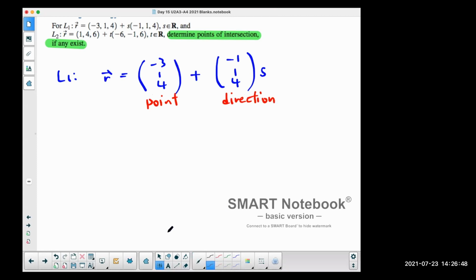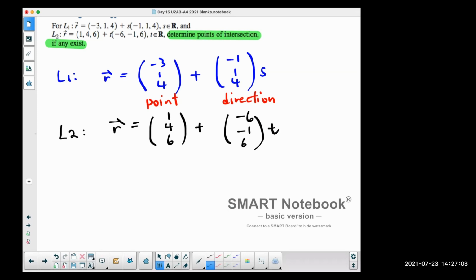What about line 2? Line 2 is r = (1, 4, 6) + t(-6, -1, 6). And this is a point, and here is a direction.